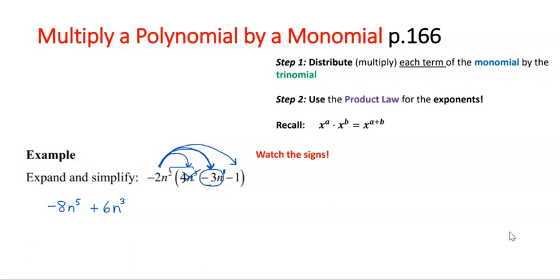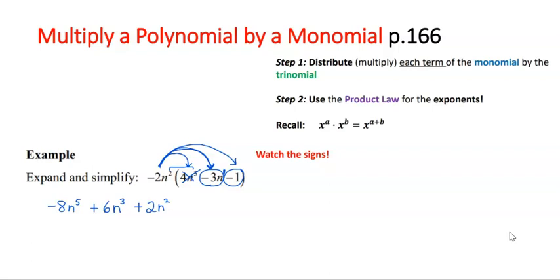Remember, we add our exponents. For our last term, we are multiplying by negative 1. Negative 2n squared times negative 1, we do our coefficients here. Negative 2 times negative 1 is a positive 2, and there is no variable, so we keep the n squared.